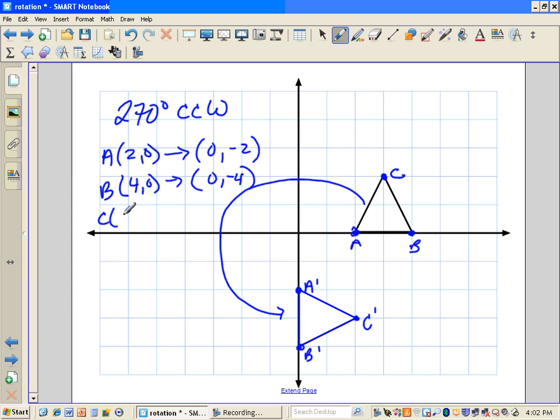And C has gone, the most telling one, from (3, 2) to (2, -3). So for our rule, it looks like the y's are becoming the x. See how the 0, 0, 2 here became 0, 0, 2 for x? So y is going to be first, and the x values, 2, 4, and 3, all became the y values but became negative. So (y, negative x). This is sort of the opposite of what the 90-degree rotation was.